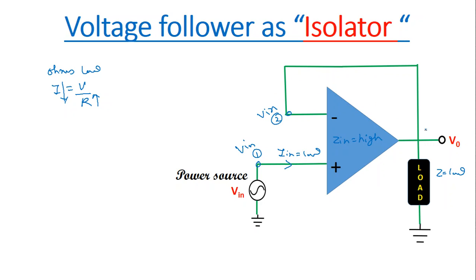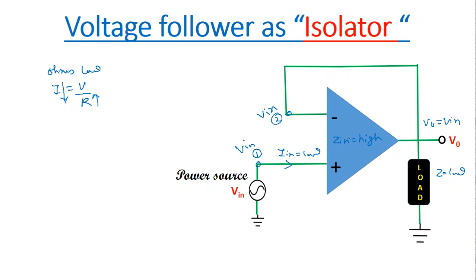So between output voltage Vo and Vin, there is no voltage drop. Output voltage is equal to input voltage. In the voltage follower circuit, output voltage is equal to input voltage. In the last class we have already studied this. Whatever signal we apply at the input, the same signal we get at the output at the load side.